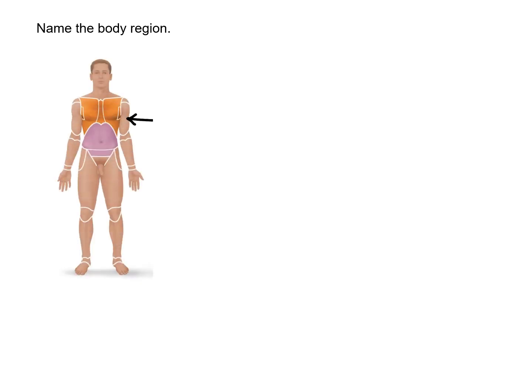On your quizzes and exams, you're going to be asked a question or asked to provide an answer and shown an image or a model, such as this one here, where here's a little arrow pointing at a body region and you're asked to name the body region.